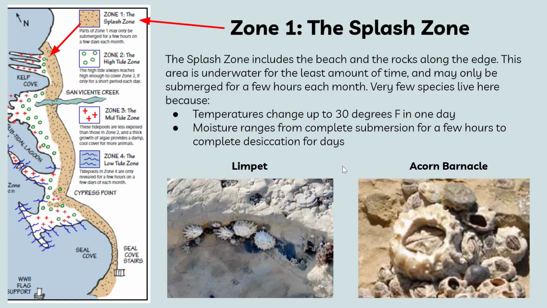These are species that a lot of people are very familiar with, but we're going to talk a little bit about the adaptations they have for living in this zone. Limpets are these cone-shaped mollusks. What I find really unique about them is they are capable of creating a home scar.